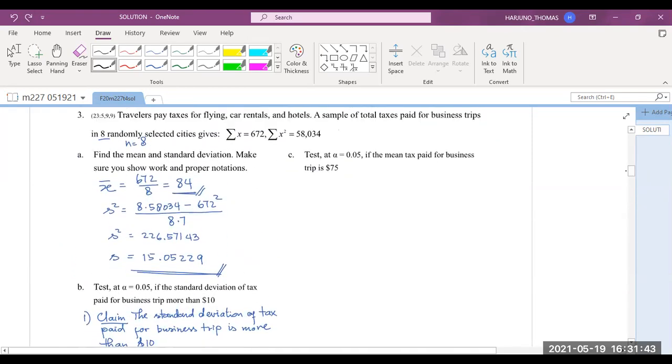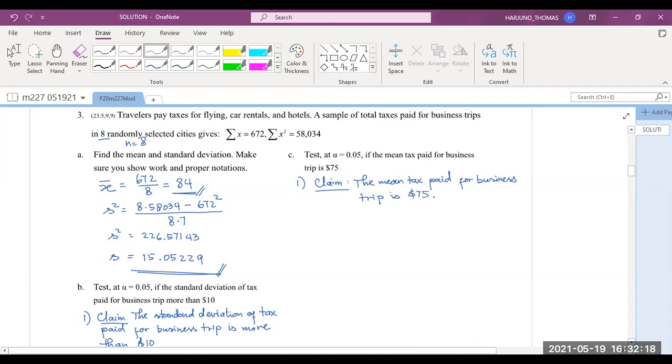Let's see part C. Test at 5% again if the mean tax paid for business trip is $75. That's the claim. The mean tax paid for business trip is $75.